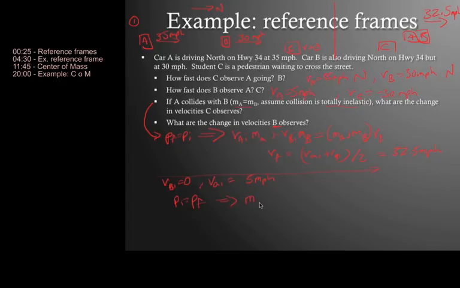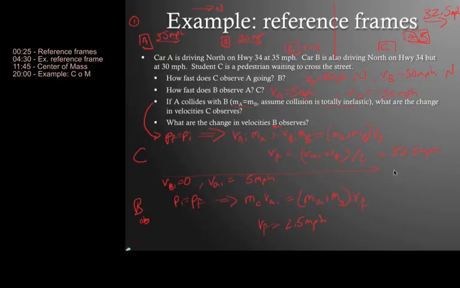Here we have m_A V_A initial equal to, now B looks like it's at rest, so we lose that term, (m_A plus m_B) V final. In this case, we get that V final is 2.5 miles per hour. So this is when C is the observer, and this is when B observes.